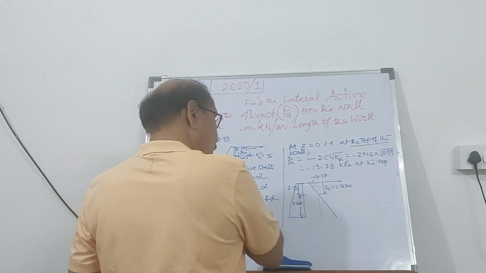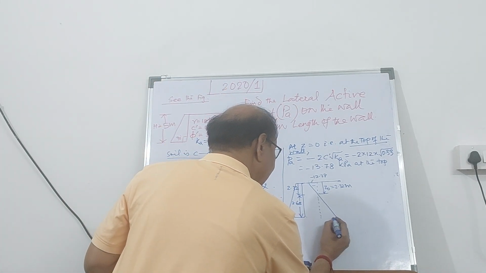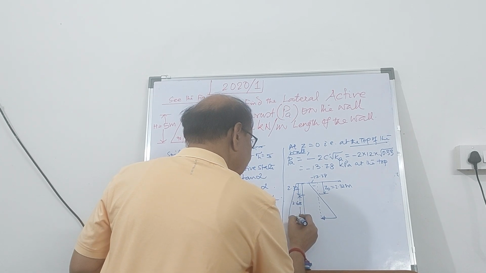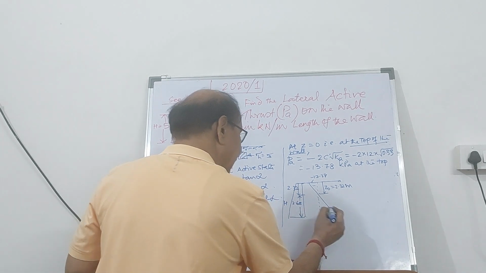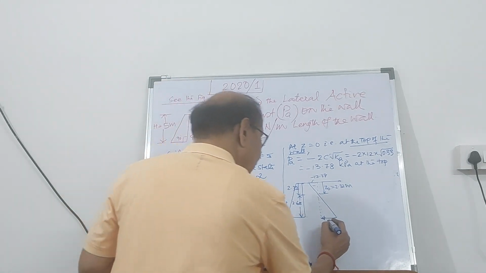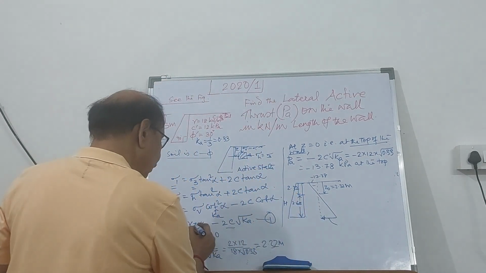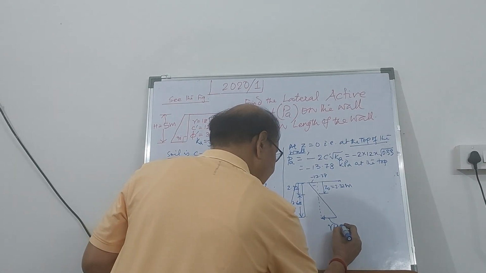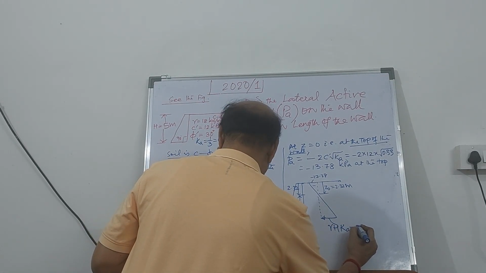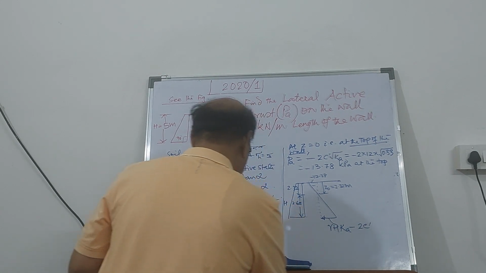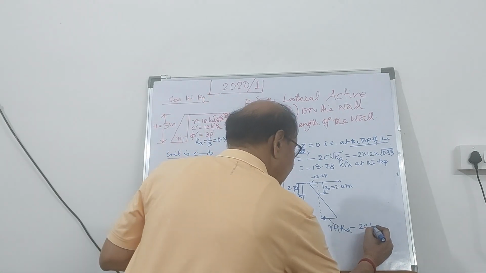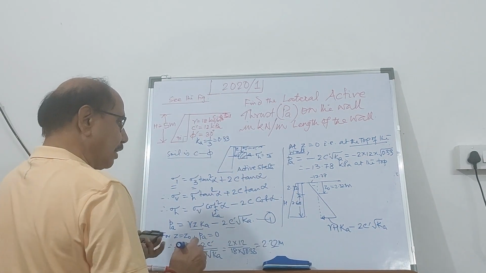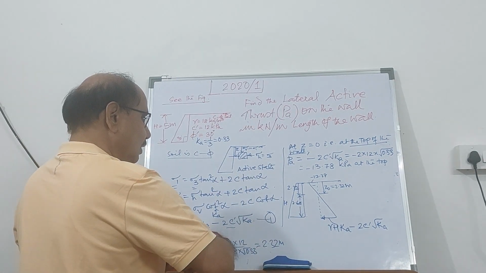So now the pressure at H, that is at the bottom. From equation 1, it will be gamma H K minus 2C prime under root K. So we can calculate what is the pressure here.